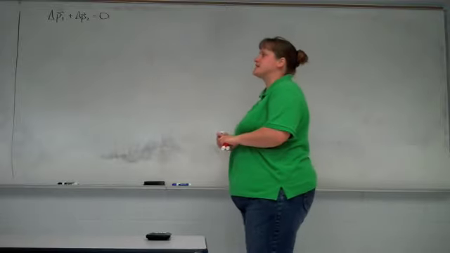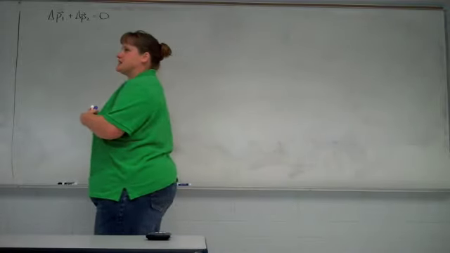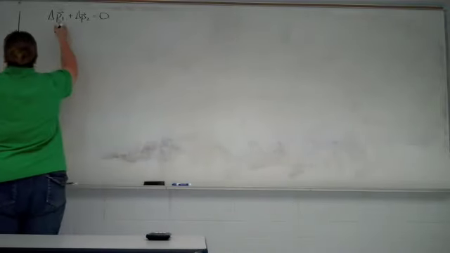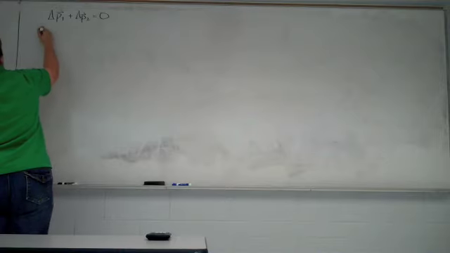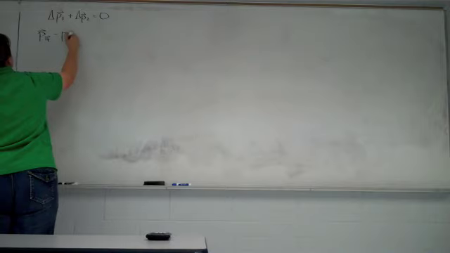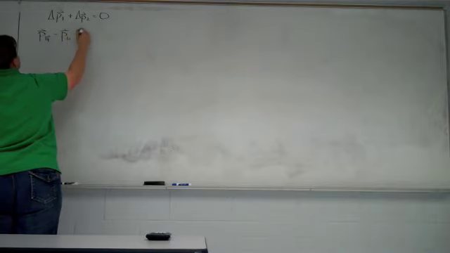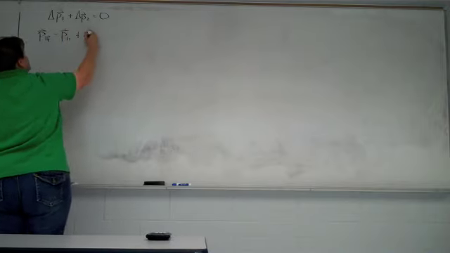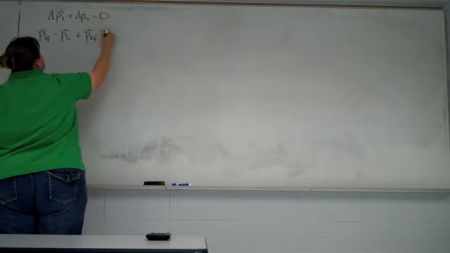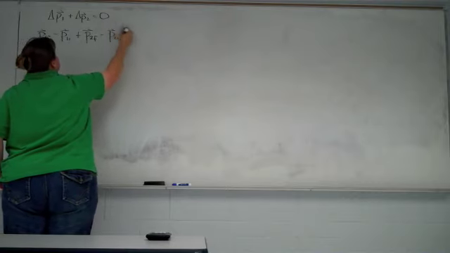To write this a slightly different way, remember, change in momentum 1 was momentum 1 final minus momentum 1 initial, and change in momentum 2 was momentum 2 final minus momentum 2 initial.